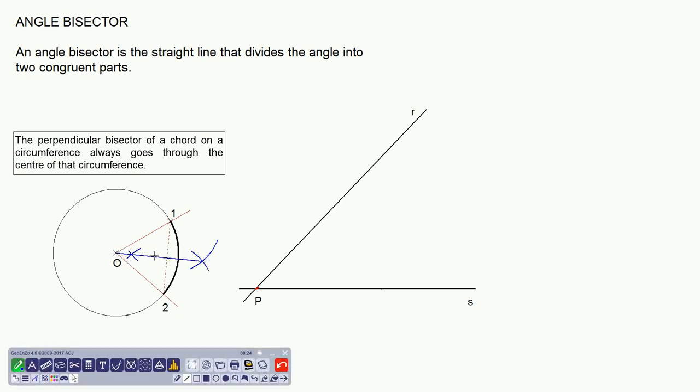You can see that the blue line is the perpendicular bisector of the chord 1, 2 and goes through the center of the circumference.